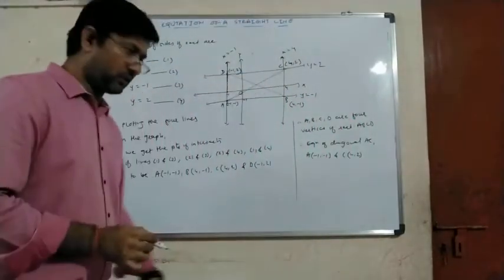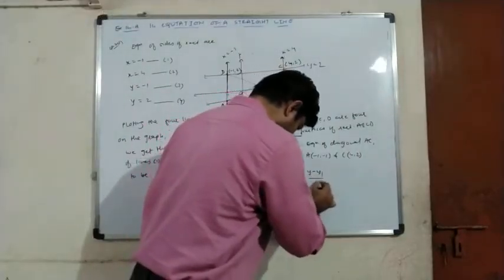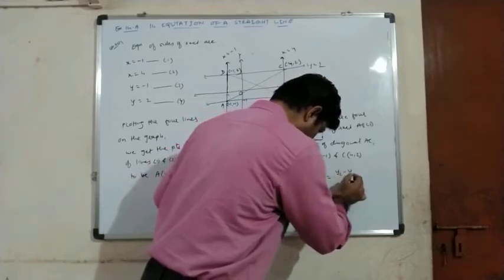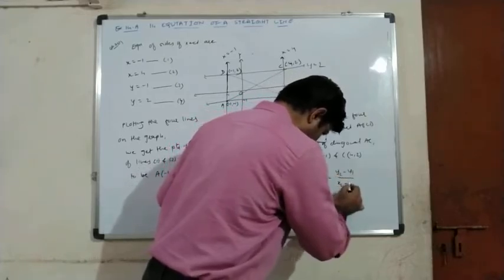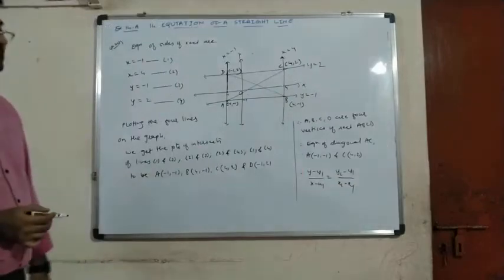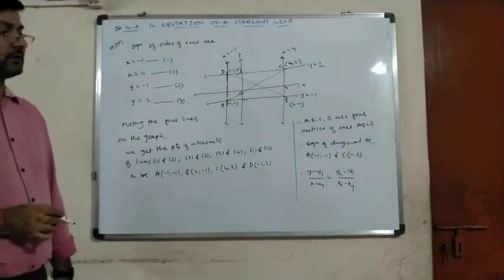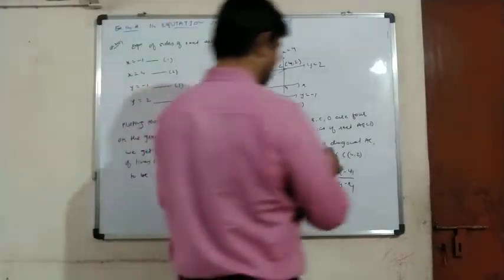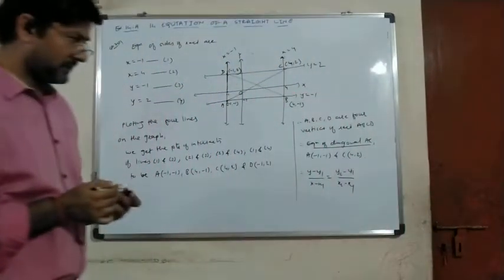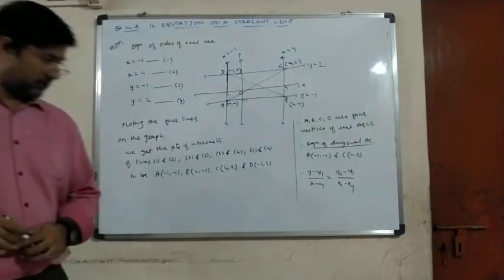So we can use the 2-point formula, yes or no? We have y minus y1 upon x minus x1 is equal to y2 minus y1 upon x2 minus x1. Now we are going to put the values of x1 y1 and x2 y2 in the equation, so that we will get the equation of diagonal AC. Yes or no? So first we will find the equation of diagonal AC, and then the equation of diagonal BD.